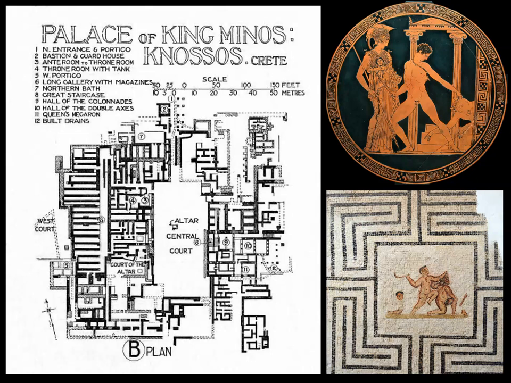However, this white bull appears to Minos, and Poseidon asks him to sacrifice it to him. When Minos says that he will not because he wants to keep it, Poseidon takes his revenge by making Minos's wife fall in love with the bull, and she has sex with him and has this child, which is the Minotaur.